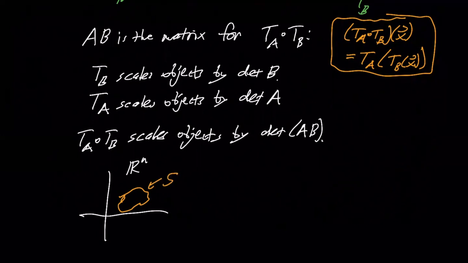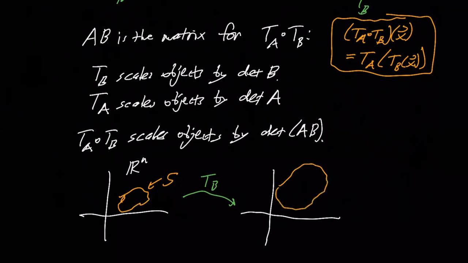If we apply our transformation T sub B first, then our object has maybe been rotated and scaled. And so this is T sub B of S.